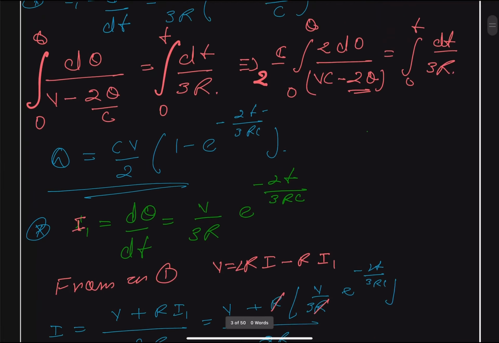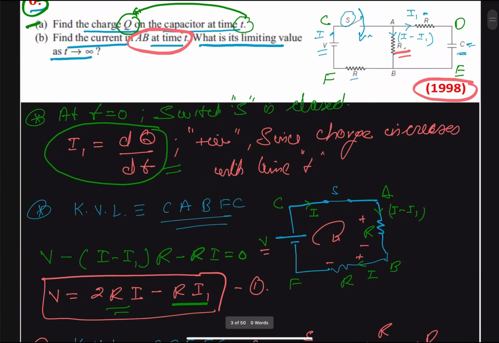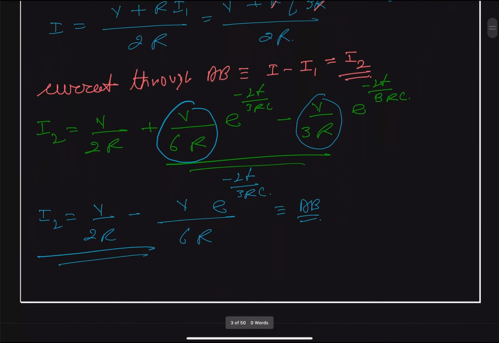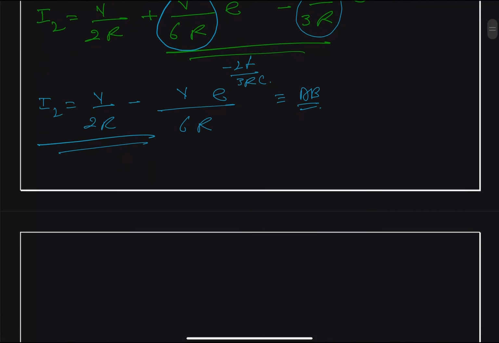Okay, so this is our current through AB, and we are also supposed to find the limiting value as t tends to infinity. So we simply substitute t equal to infinity. We only need to solve this part because it contains t.